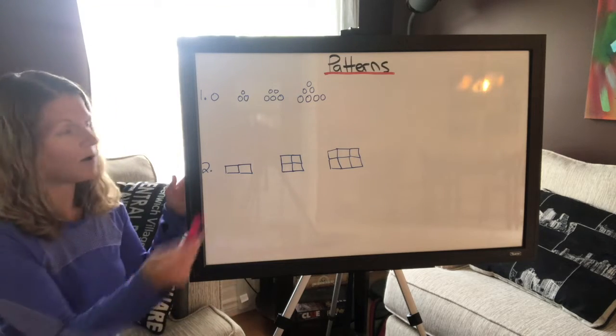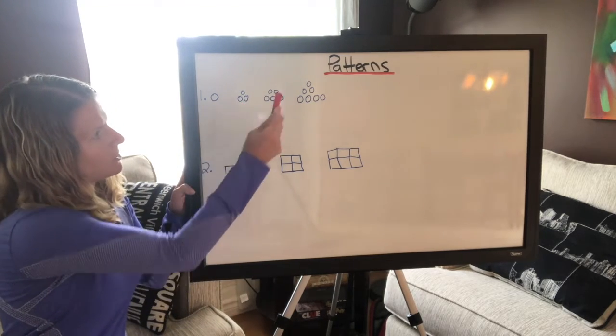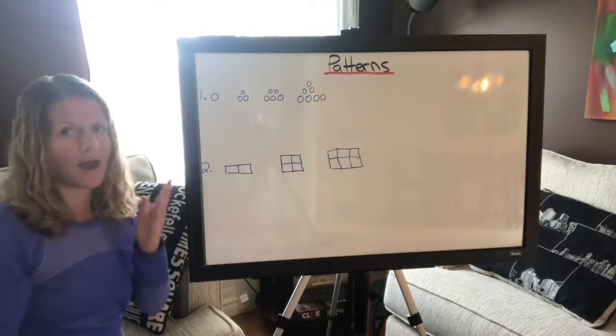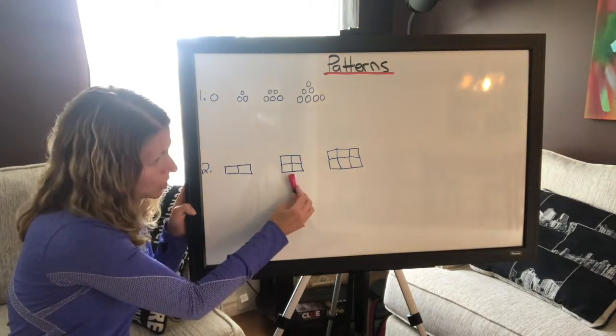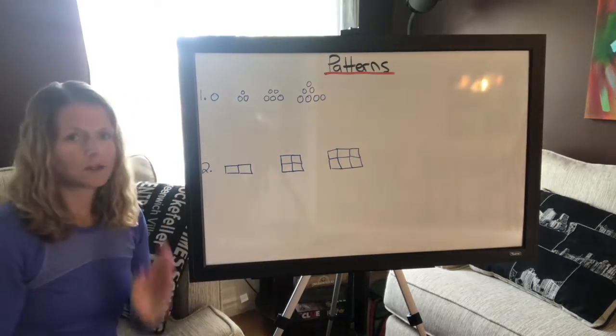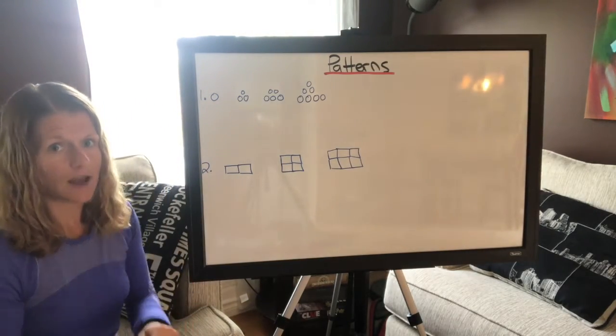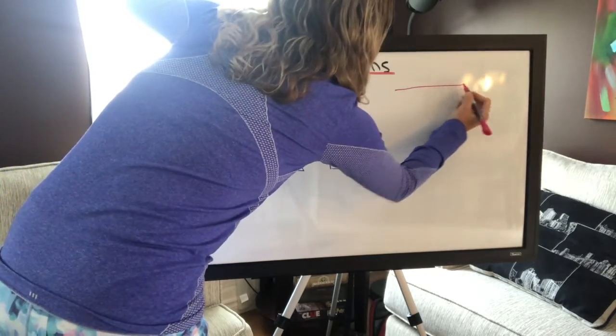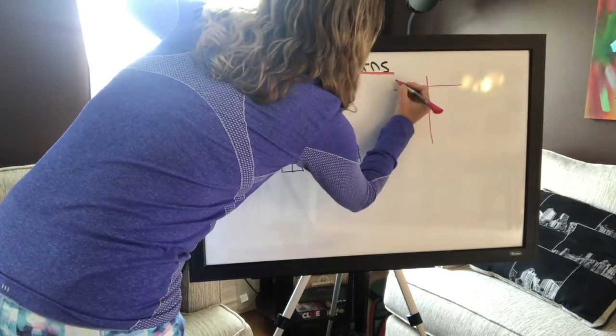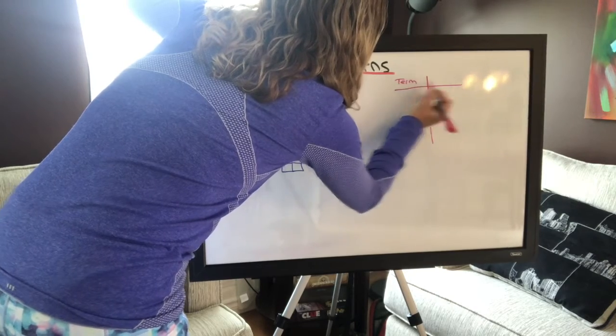This would be term 1, this would be term 2, 3, 4, and so on. In the table of values, you can set it up like this.